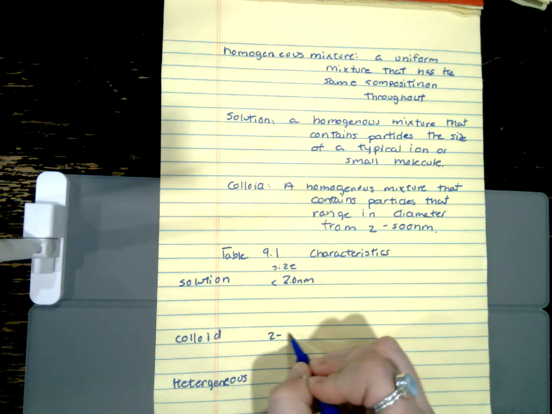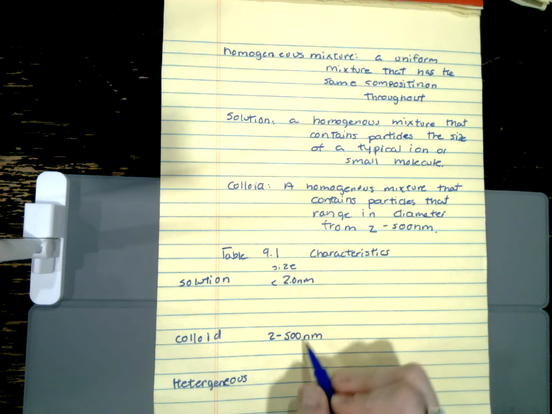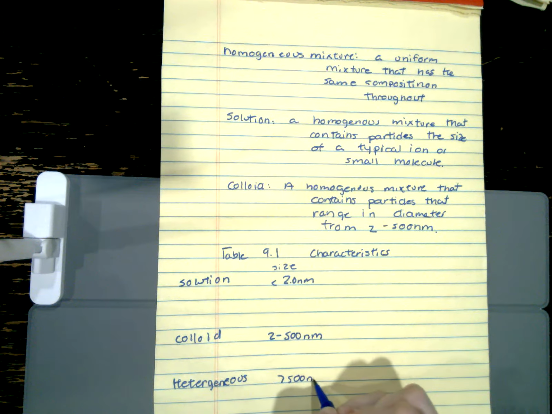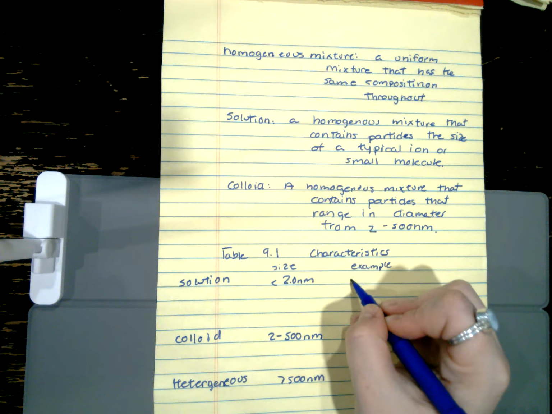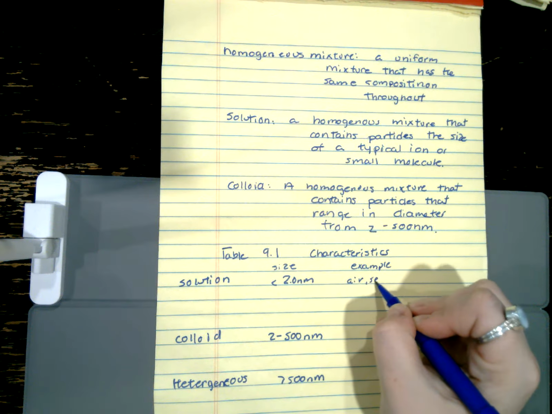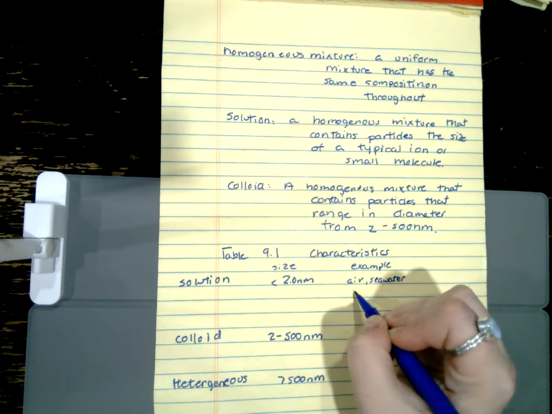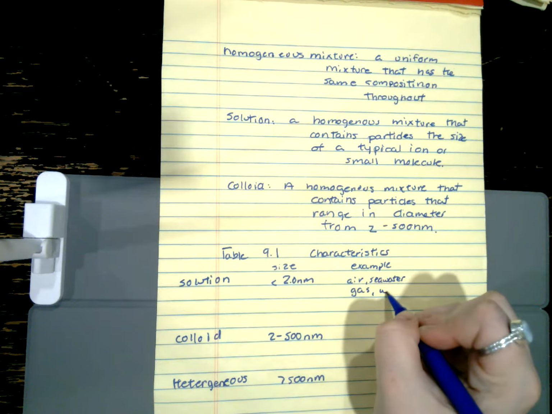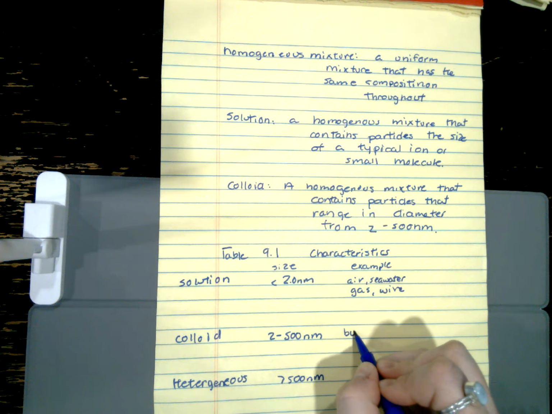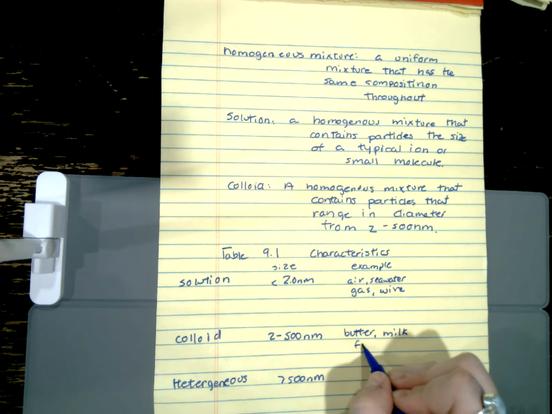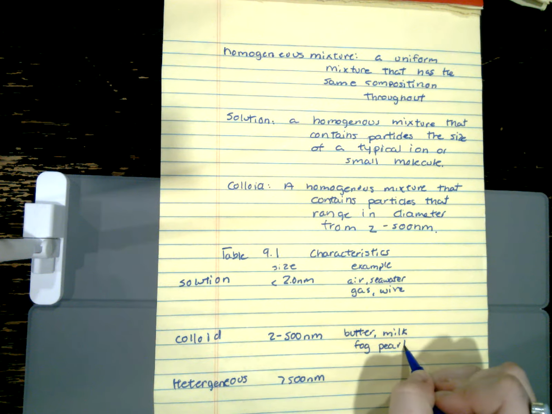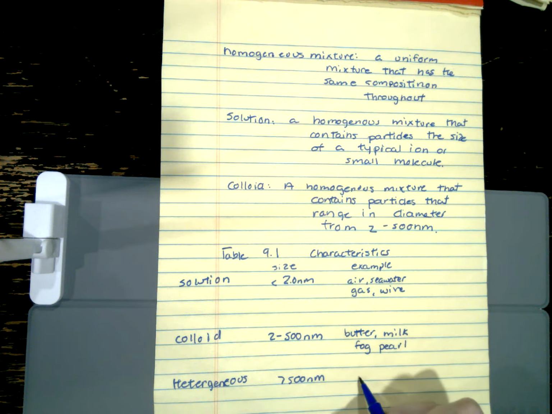Colloids are between 2 and 500 nanometers, and heterogeneous mixtures are greater than 500 nanometers. Examples for solutions are going to be air, seawater, gas, wine. Examples of colloids are going to be butter, milk, fog, pearl. Examples of heterogeneous mixtures are going to be blood, paint, aerosol.